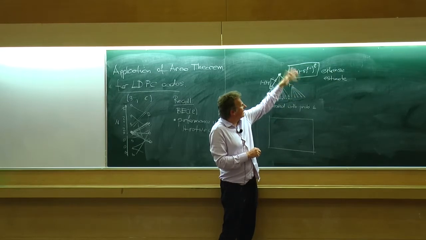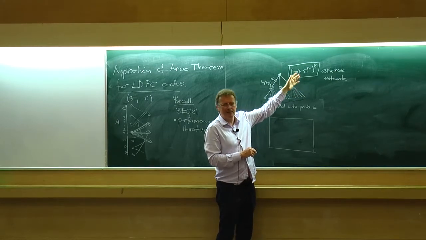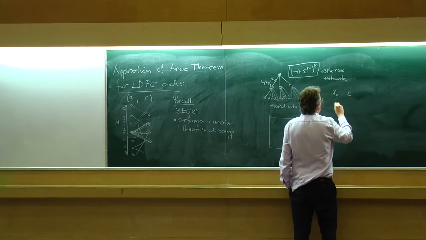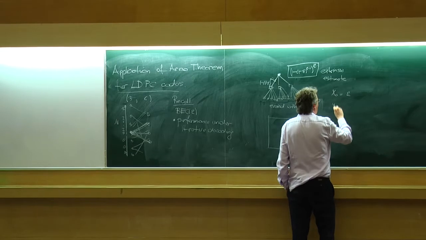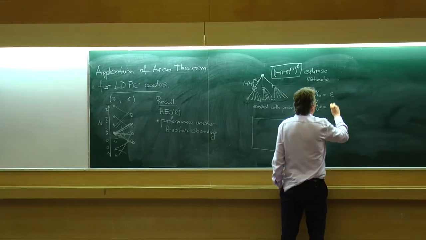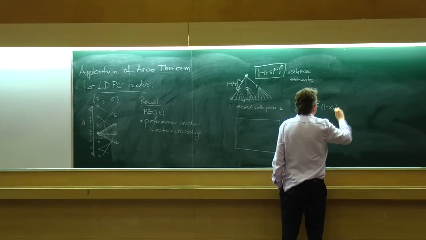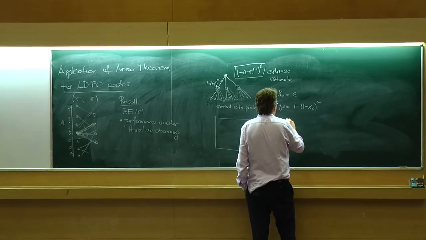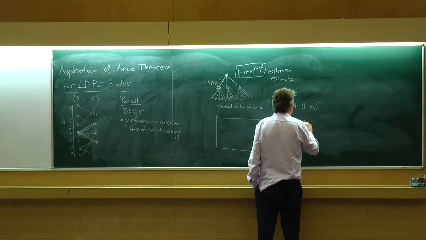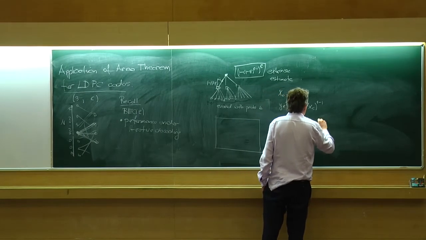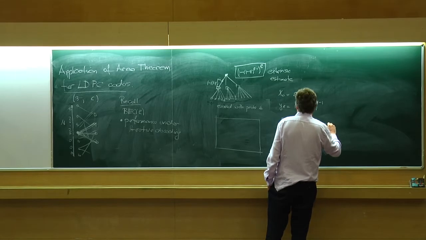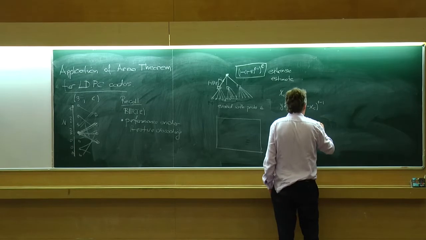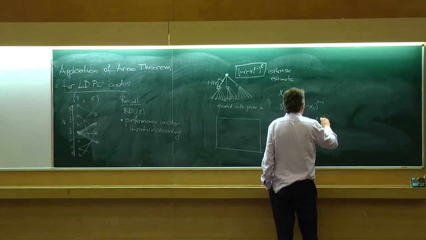And if I did several iterations, I would get a recursion like that. So the recursion would look something like this. x0 is epsilon. y_l is 1 minus x_l to the r minus 1. And x_{l+1} is something like epsilon times 1 minus y_l to the L minus 1.